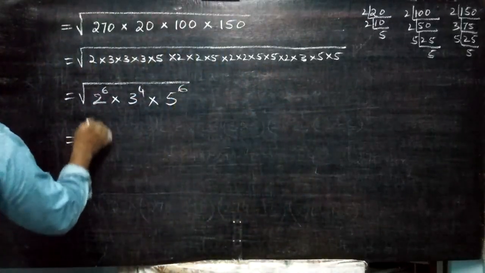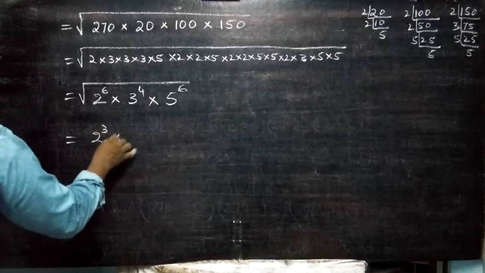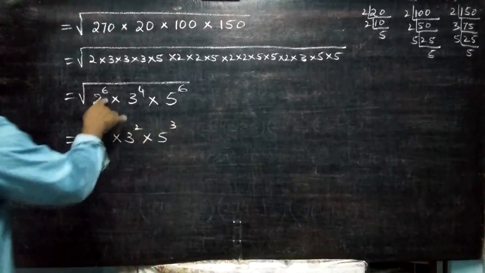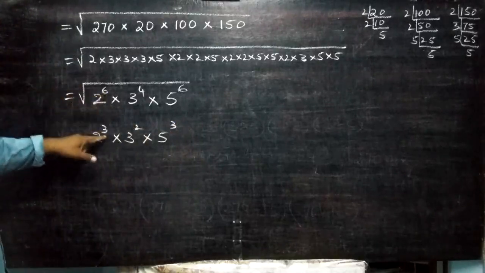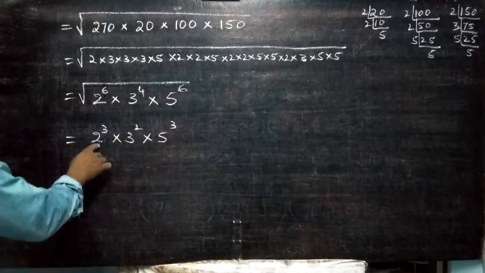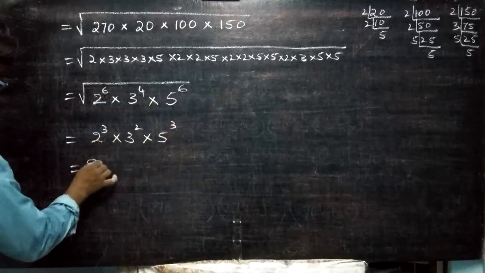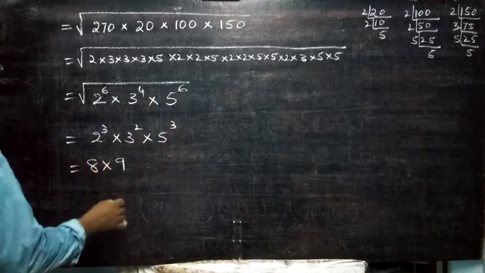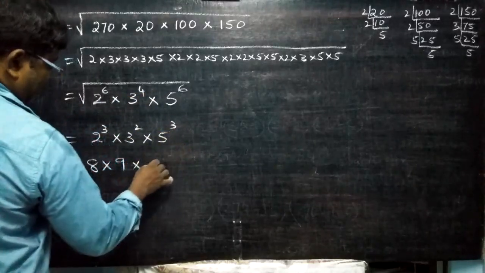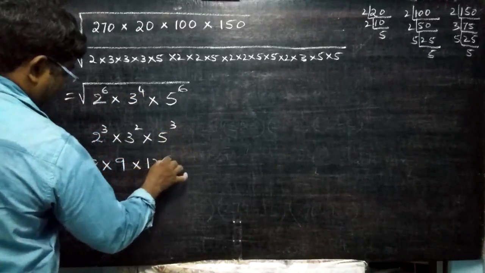Now the square root: 2 cube into 3 square into 5 cube. Half only will come: in 6 half is 3, in 4 half is 2, in 6 half is 3. 2 cube means 8, into 3 square means 9, into 5 cube, 5 5s are 25, 25 5s are 125.